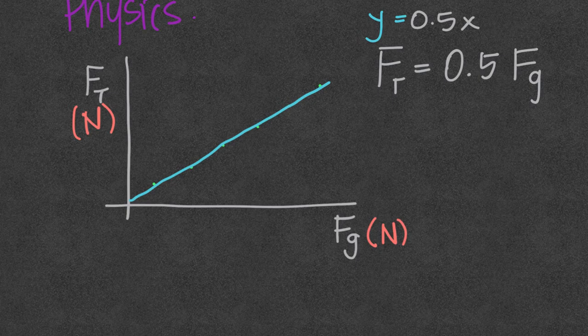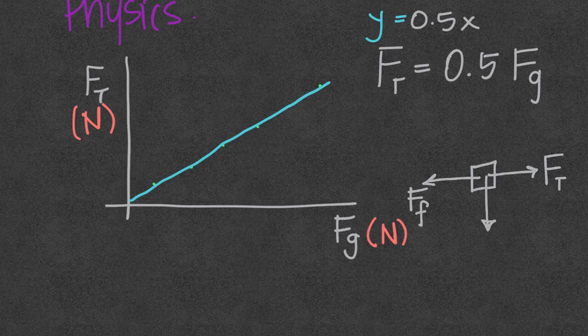Now when it comes to our object that was being pulled, there was a tension force to the right, force tension, and there was a force of friction to the left. There was a weight force down and a normal force up.